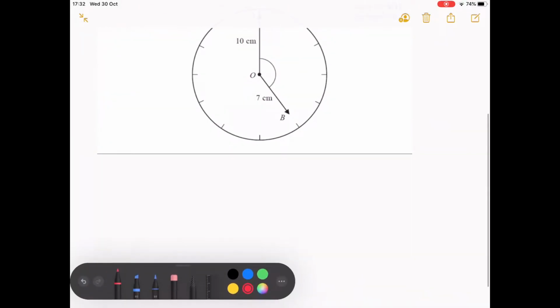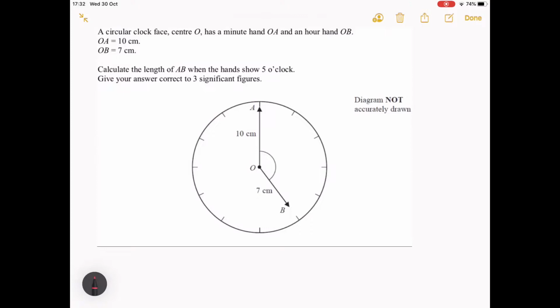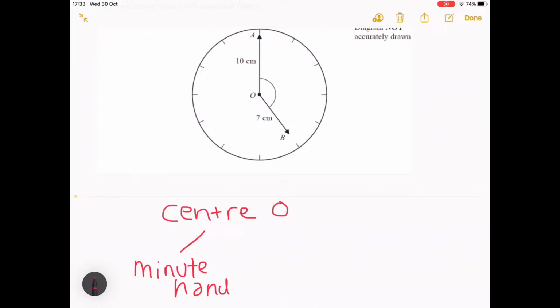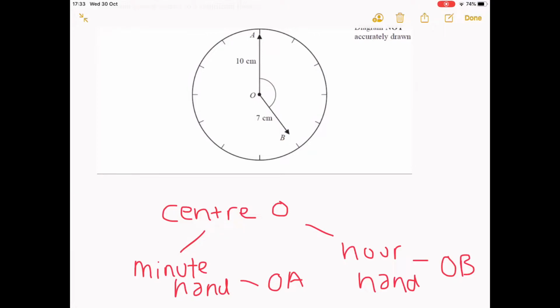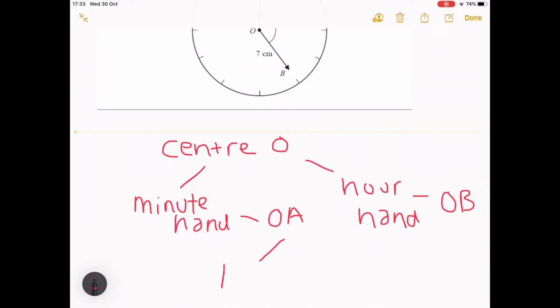So we can do our mind map. So we have centre O, and that has minute hand, which is OA, and shorter hour hand, which is OB, and then we know that the length of OA is 10 centimeters and the length of OB is 7 centimeters.